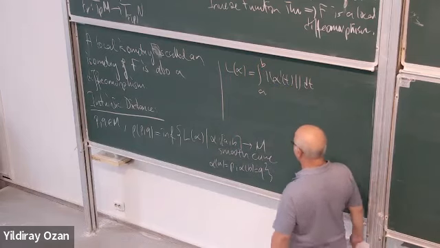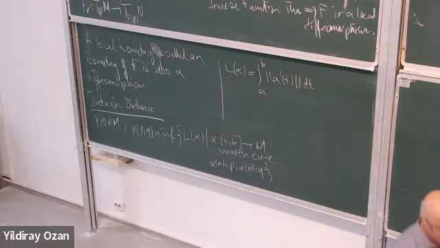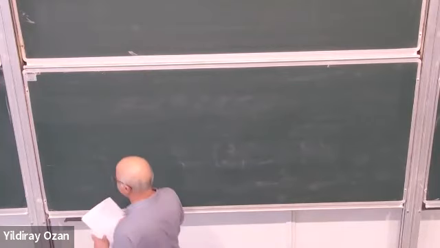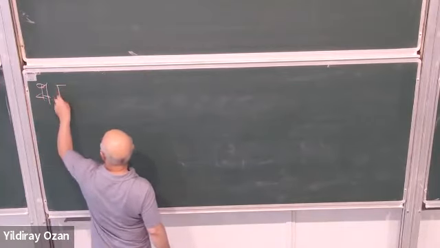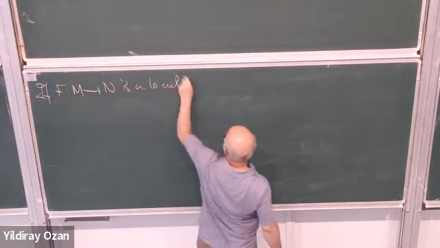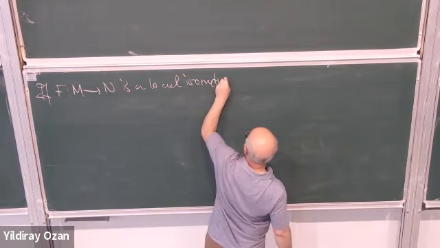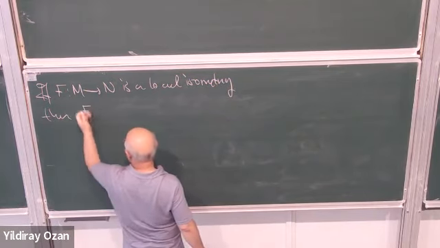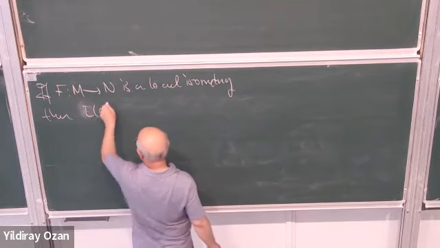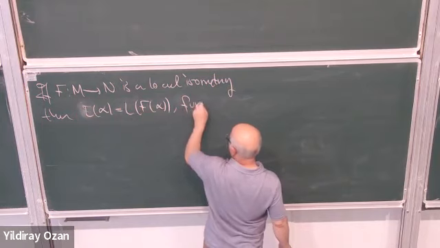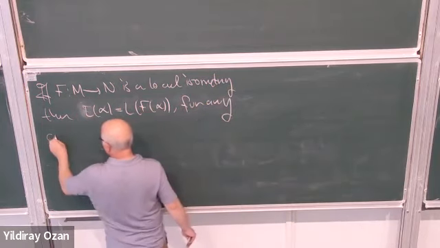And we showed last time that if F is a local isometry, then for any curve, the length of alpha is the same as the length of F of alpha.